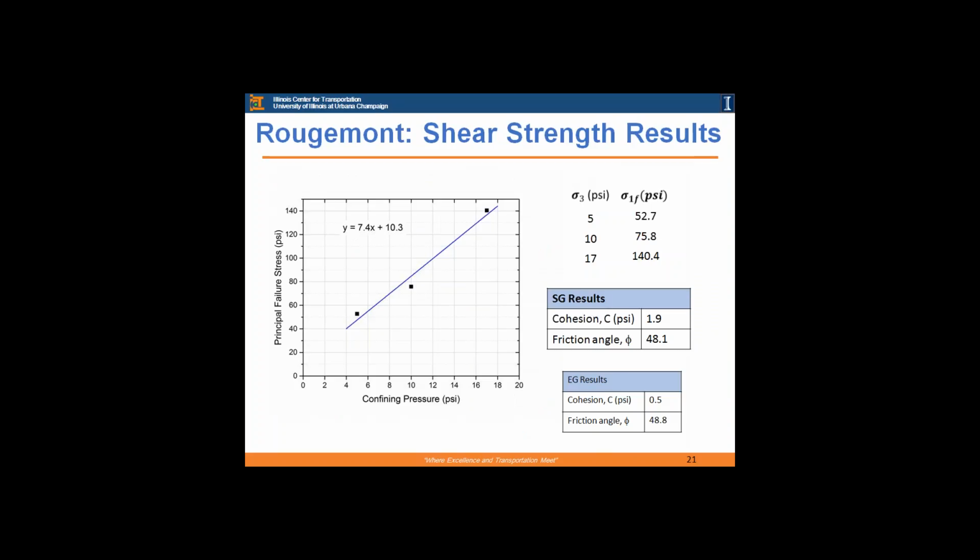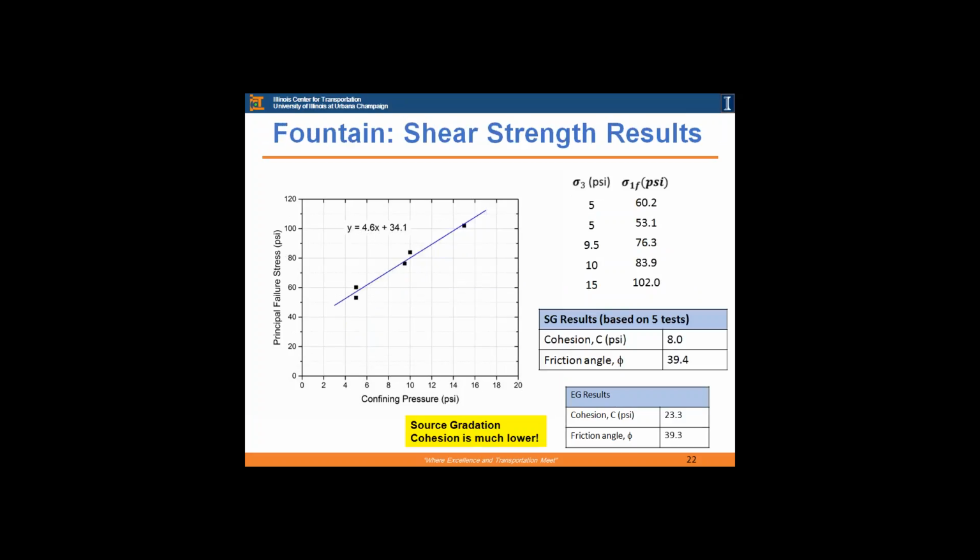And if you look closely, you will see that there are some slight differences in the shear strength for some materials, such as Rougemont, which has like 4 times the cohesion intercept, but these are both not too high. For Fountain material, the other material we show, the source gradation had much lower cohesion than the engineered gradation.